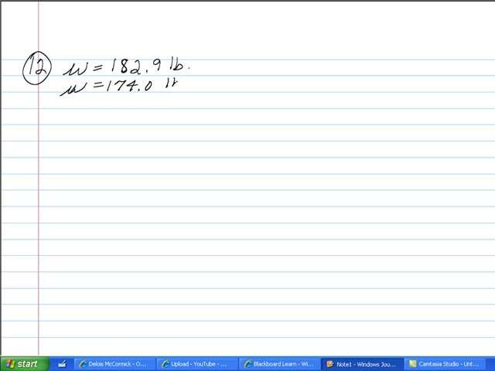Let's do number 11 since it goes with number 12. In 11, example 2 referred to an Ohio elevator with a maximum capacity of 2,500 pounds.